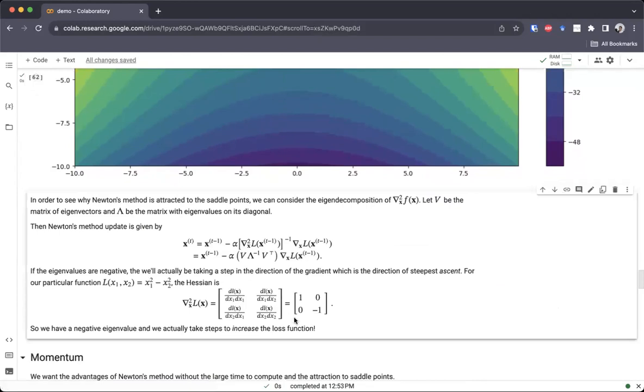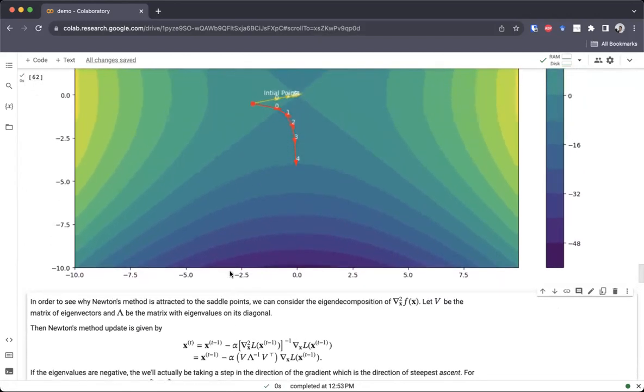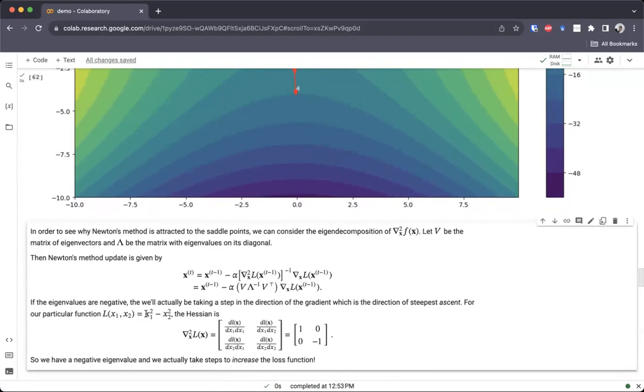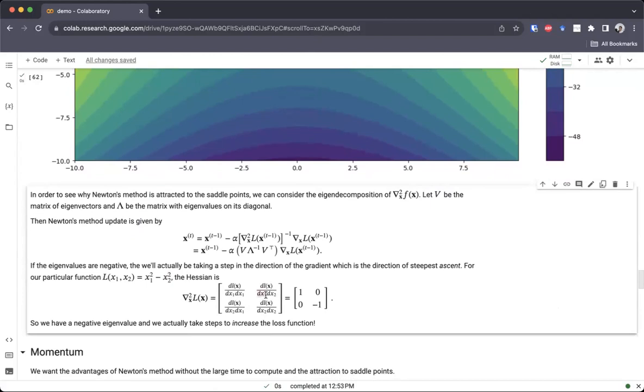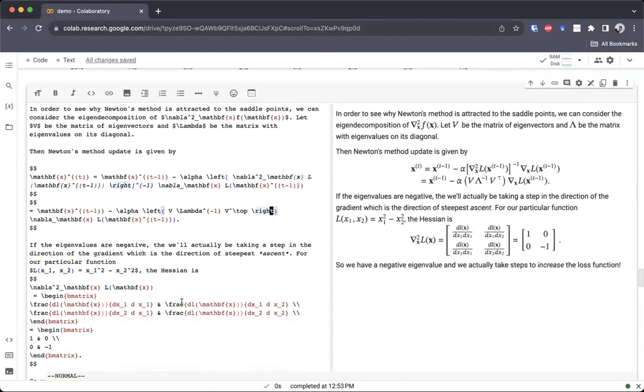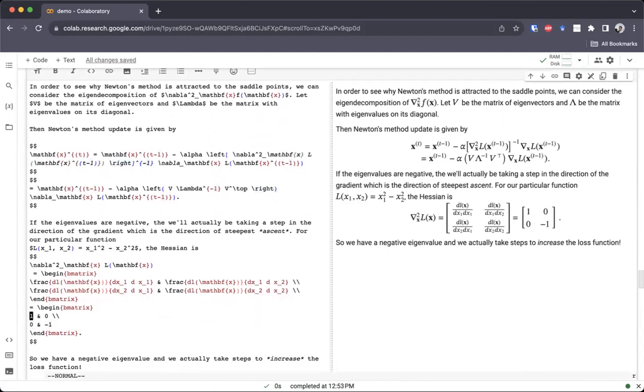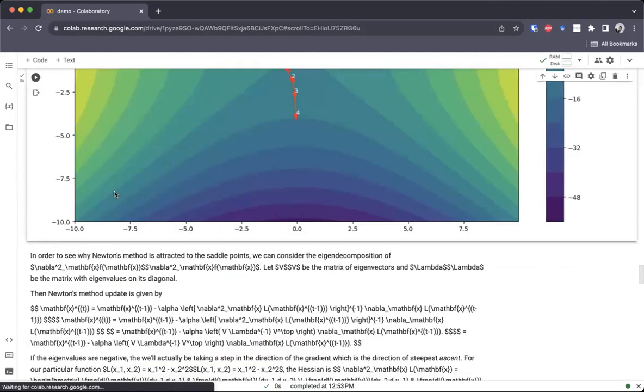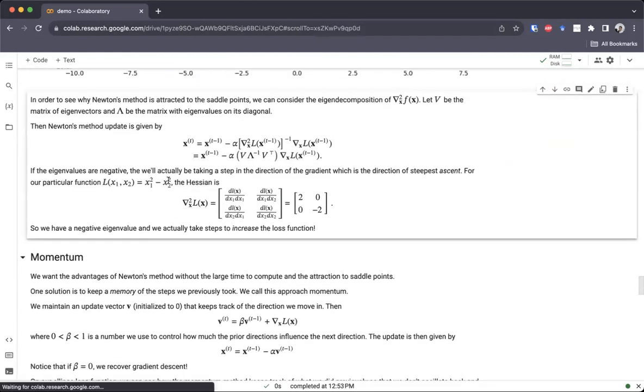actually, we don't even need that here. So the Hessian matrix for this particular loss function, remember our loss function was x1 squared minus x2 squared. Well, I don't think it's actually 1, I think it's 2 here. Sorry, let me fix this quickly. If we take the derivative with respect to x1 twice of this, the second derivative with respect to x1 and x1 of this loss function, we get 2x1 and then 2.